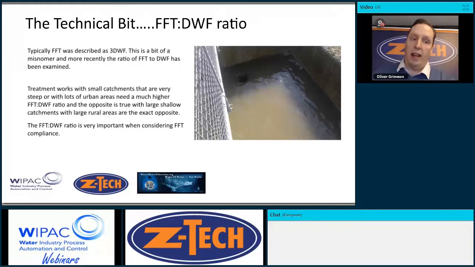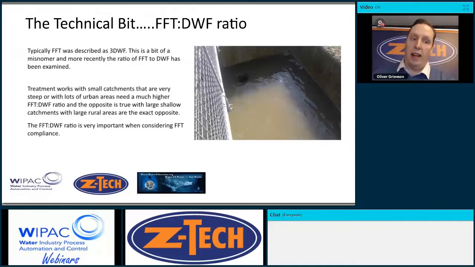As engineers design to FFT for what a works will cope with in terms of storm flows, then you could get positions where works are spilling to storm in dry conditions. This is quite literally FFT non-compliance, and is the point of a lot of the work that's going on in the next asset management period.